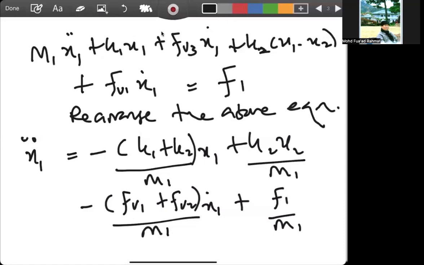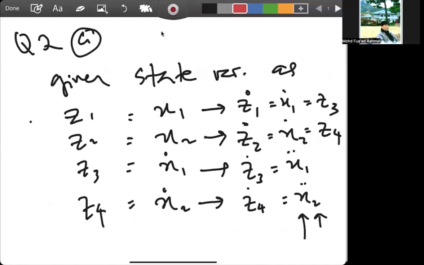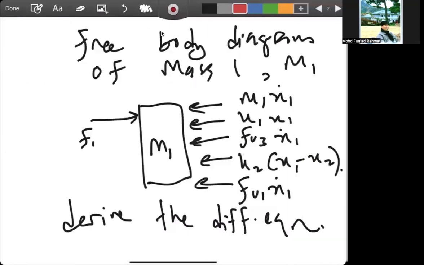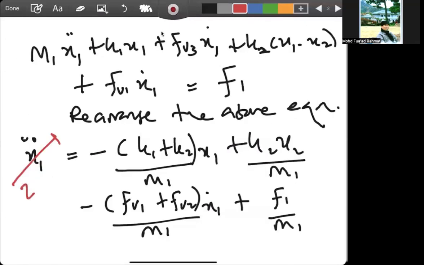Here you already know that x1 double dot is Z3 dot, x1 is Z1, x2 is Z2, x1 dot is Z3, and F1 is equal to U1, the input.